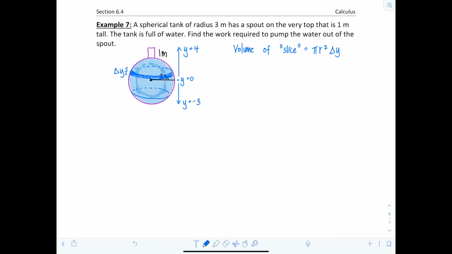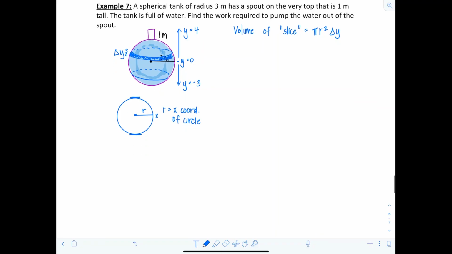So let's just look at a slice flat. Okay, so the radius of that slice is going to correspond with the x coordinate of that circle. And we know from here to here is 3, right?